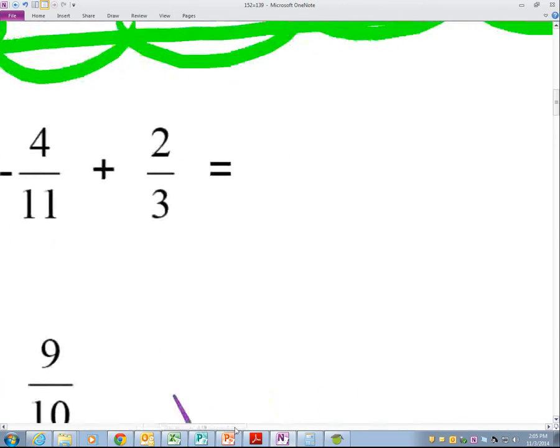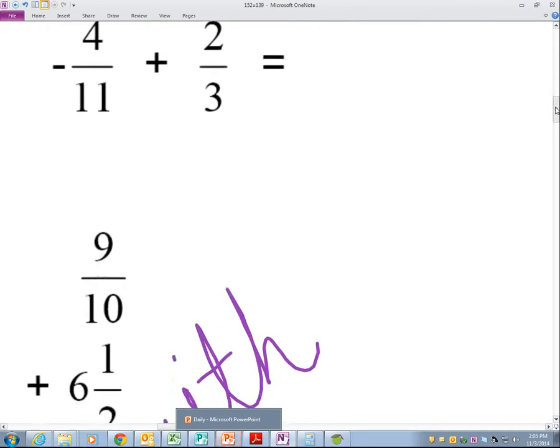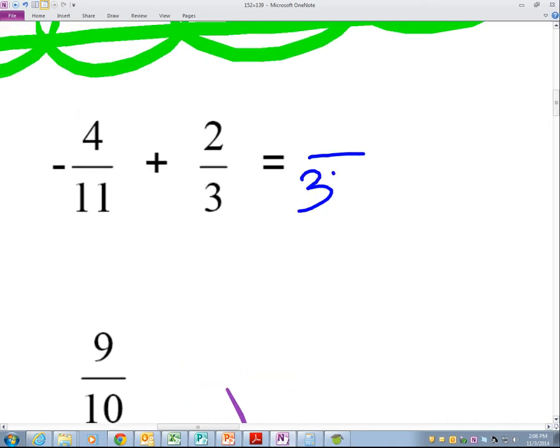Now, here's the difference of multiplying those two together. Okay? There might be a different common denominator between those two other than just multiplying them together. But in this situation, that is the least common multiple, okay, which is 33. So we want to have the 33 as our denominators.